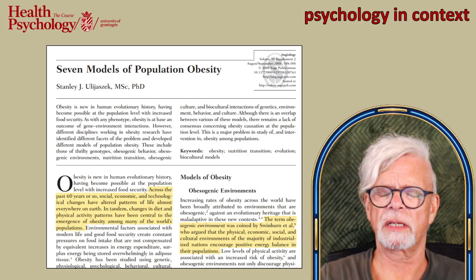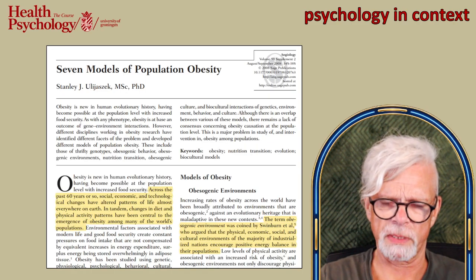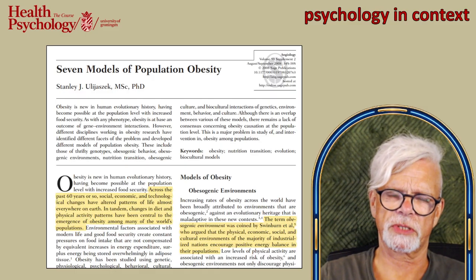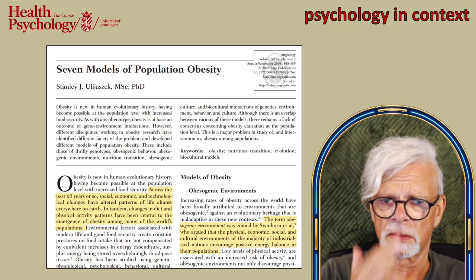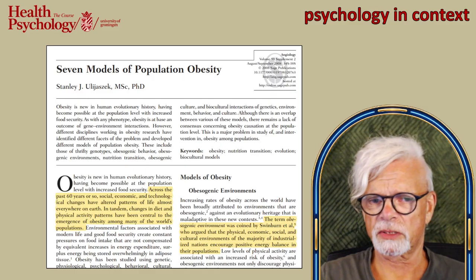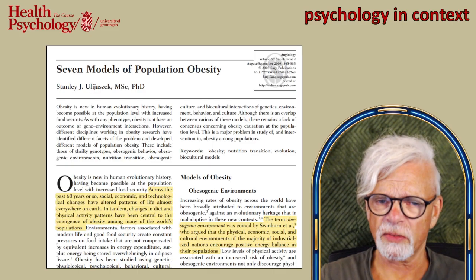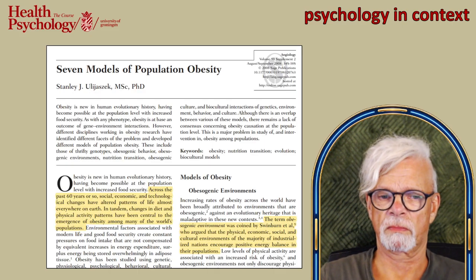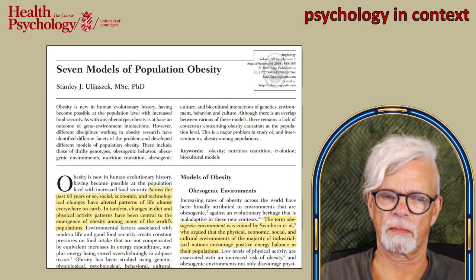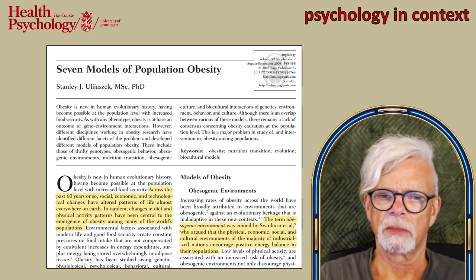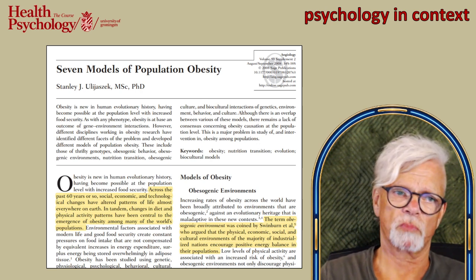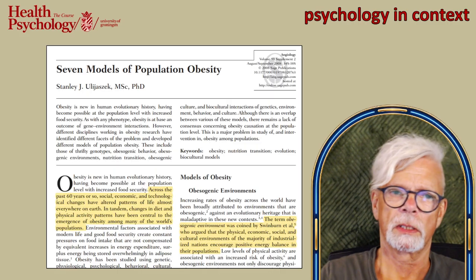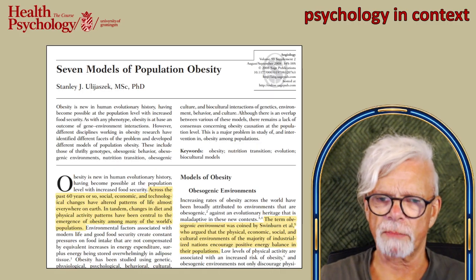It's clearly a risk factor. And many people are obese in our societies, and it's increasing. But you can't only blame the individual for eating behavior. Well, that's actually the whole message. And this article provides an interesting model of population obesity.